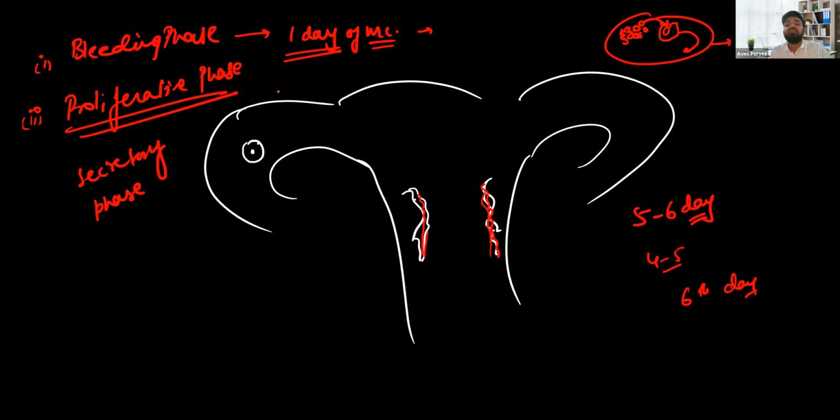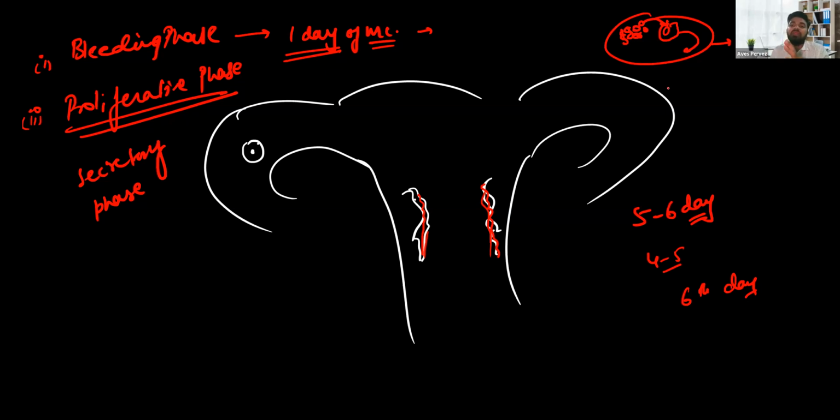So the 14th day means 4 days of bleeding, and we are talking from the first day of the bleeding phase. When the bleeding started, we called it the first day of the menstrual cycle. From the first day till the 4th or 5th day, the bleeding starts and stops. And from the 5th or 6th day till the 14th day, means the next 9 to 10 days, the ovum is released, meaning the primary oocyte starts maturing and the ovum is released.